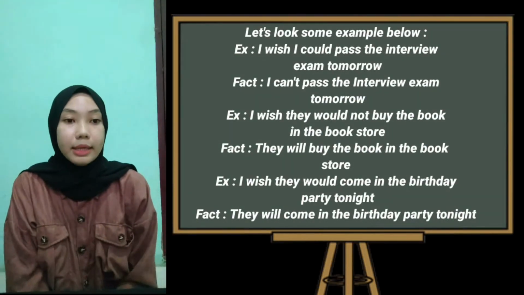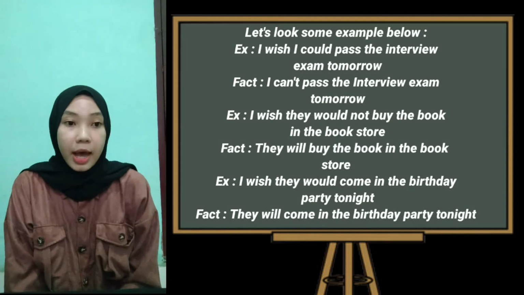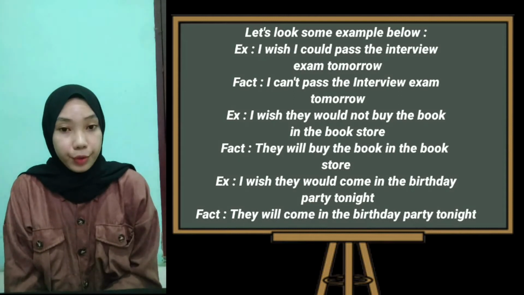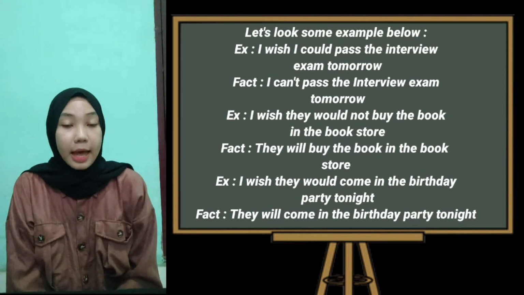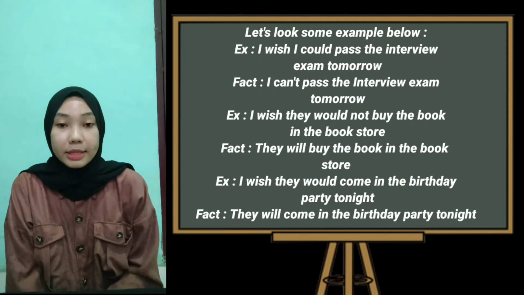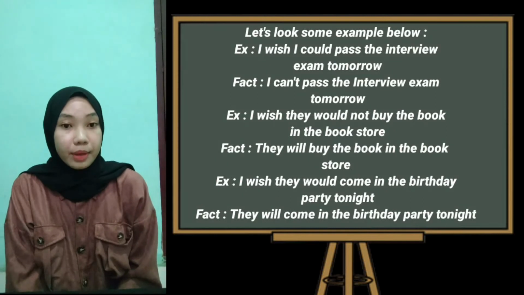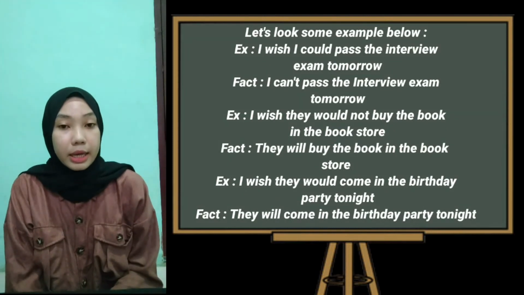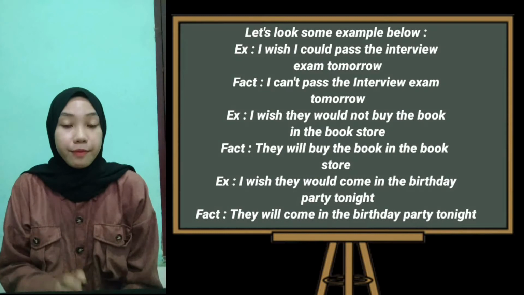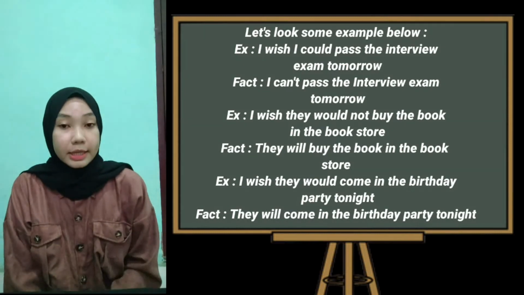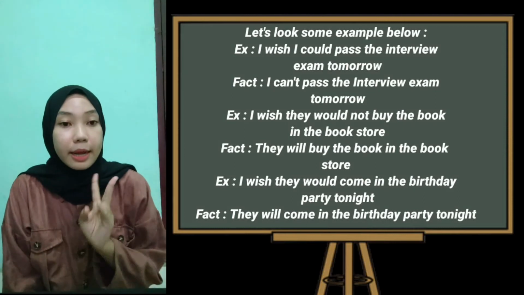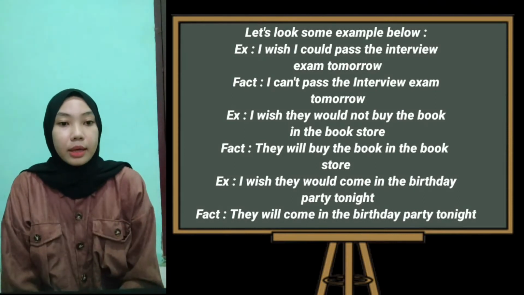Example number one is: I wish I could pass the interview exam tomorrow, but the fact is I can't pass the interview exam tomorrow. It is a negative sentence because the first statement is positive.